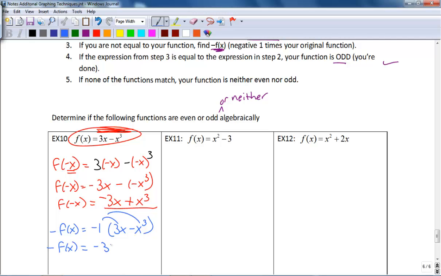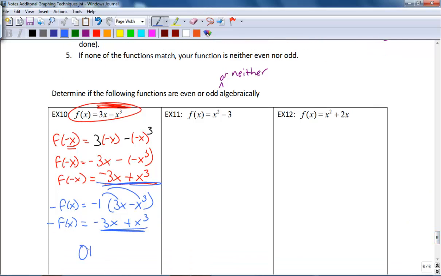I get negative 3x plus x cubed. If this is equal to your expression from step 2, are these two functions the same? Yeah, actually these two functions are exactly the same. They're both negative 3x plus x cubed. Then that means that I am odd. This function is odd. So you're just going to do this until you find out if you're even or odd. If you're not any one of those, you're neither.